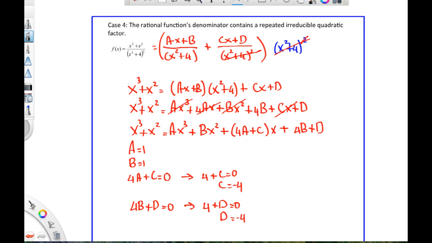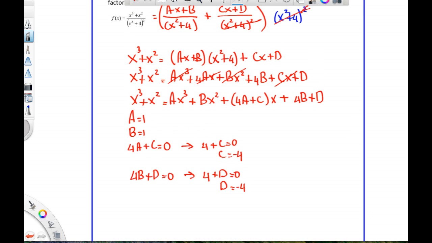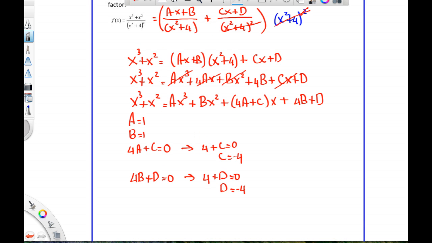So that system, even though it looks pretty scary to begin with, solves pretty easily, right? I'm trying to see where I have the room. So I'm going to write it over here, using a different color, because I'm going to run out of room. So x cubed plus x squared divided by x squared plus 4 squared can be broken down into ax plus b, and a is 1 and b is 1.